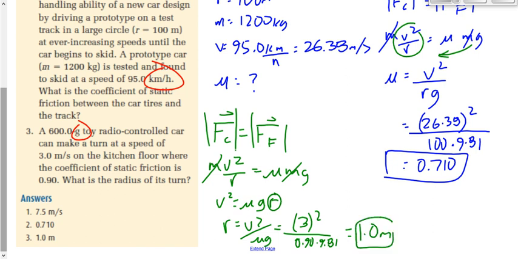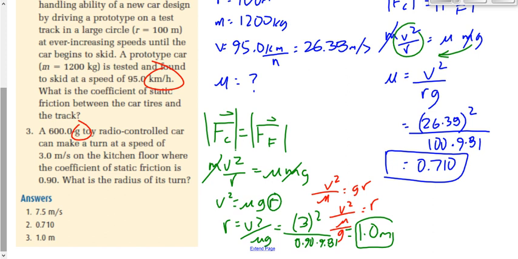Now Ben, if you had taken them over one at a time there, which you could have done, right? That would have been fine. Then this is what would have happened. V squared is equal to mu gr. We would have got v squared over mu equals gr. And then the way you were looking at it before, we would have taken the g over by dividing, and we would have got v squared over mu over g equals r.